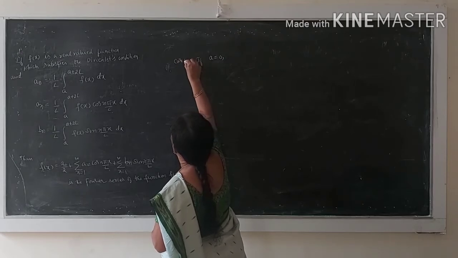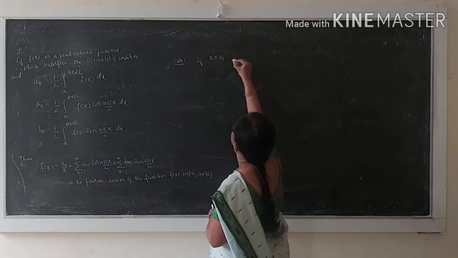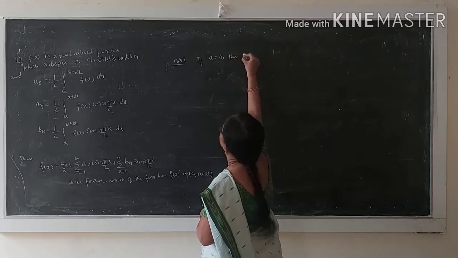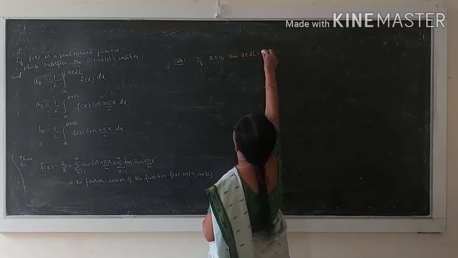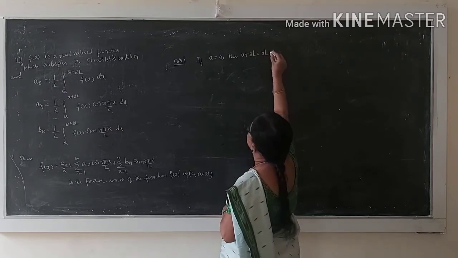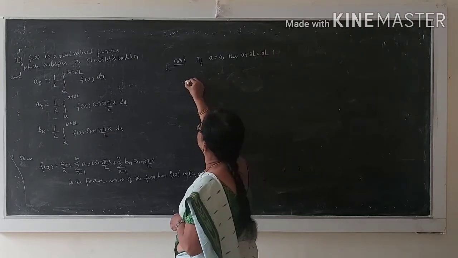If a is equal to 0, then a plus 2L is equal to 0 plus 2L, therefore it is equal to 2L.